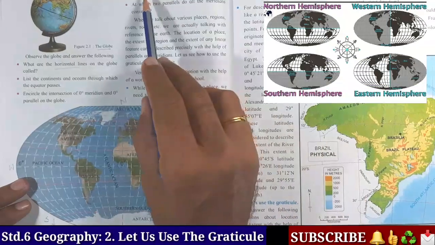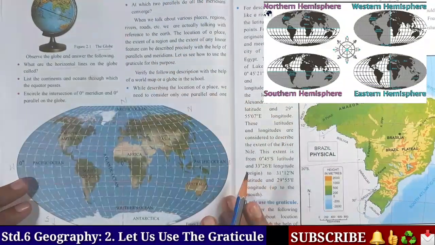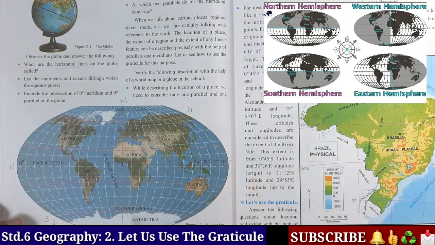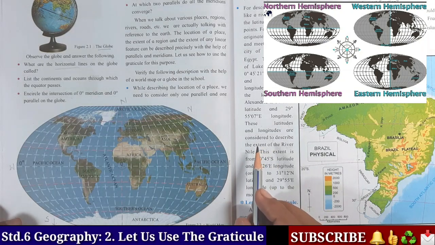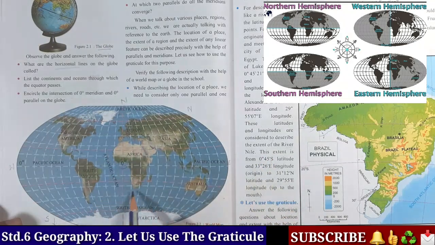Okay, now which continents are spread in all the 4 hemispheres? Again, student, here what we have to find out is the continents that are spread in all the 4 hemispheres. So here we can see that Africa is the continent that is spread in all the 4 hemispheres.